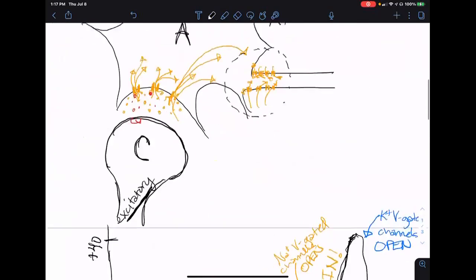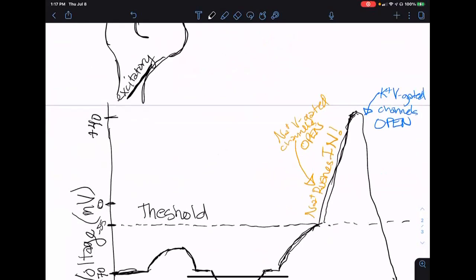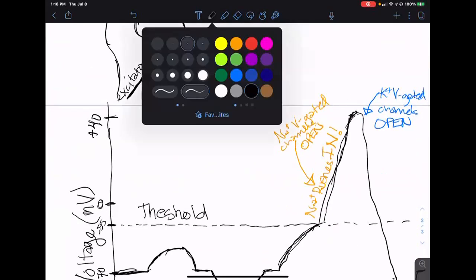Now if we think about where we're at with our voltage right here, it's really positive inside the cell. So both the concentration gradient, because there's more potassium inside than outside, and the electrical gradient, because it's more positively charged now inside the cell relative to the outside, are really pushing potassium to want to leave the cell.